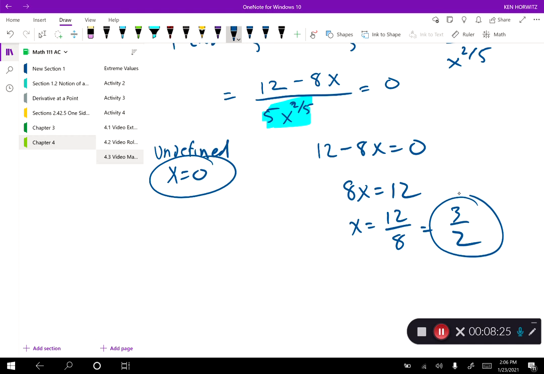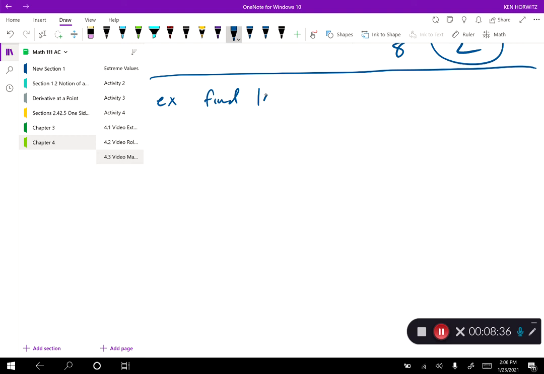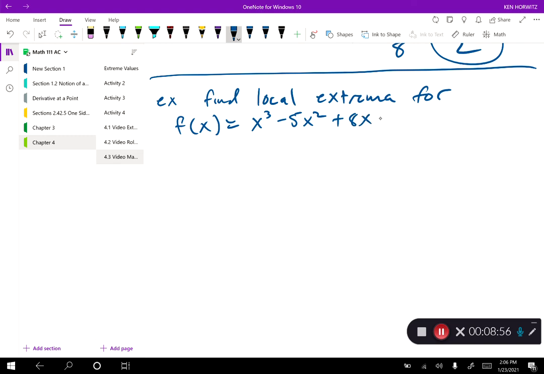All right, so how do we put this all together with max and min? I'm going to give a new example. Find the local extrema for f of x equals x cubed minus 5x squared plus 8x minus 4.